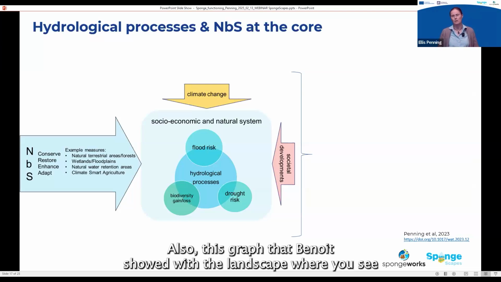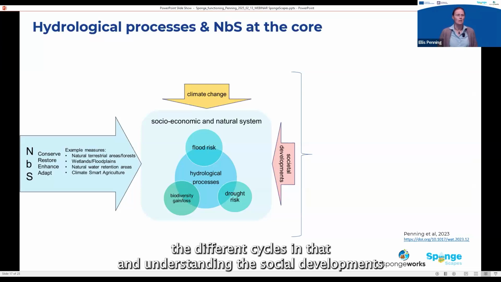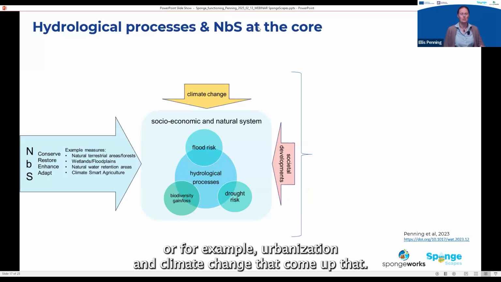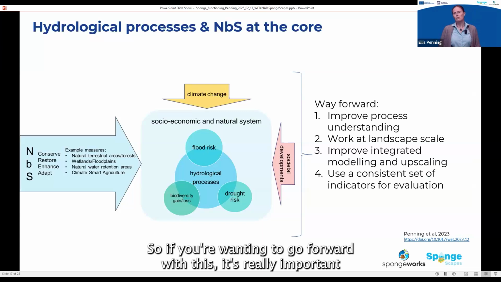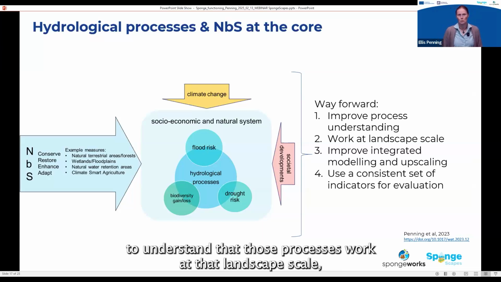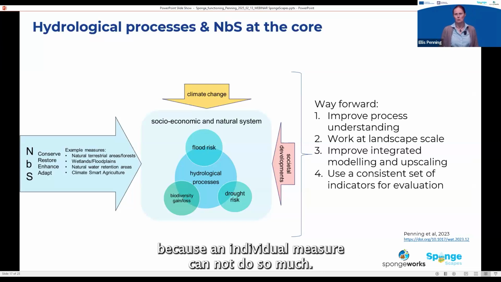Also, this graph that Benoit showed with the landscape, where you see the different cycles, and understanding the social developments of, for example, urbanization and climate change that come up there. So if you're wanting to go forward with this, it's really important to understand those processes and to work at that landscape scale, because an individual measure can only do so much.